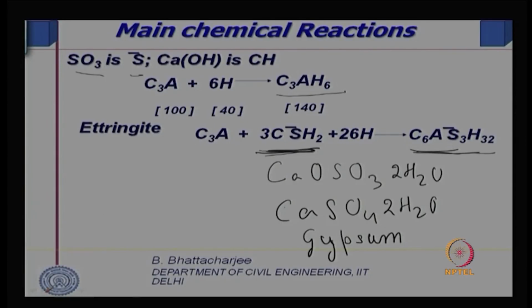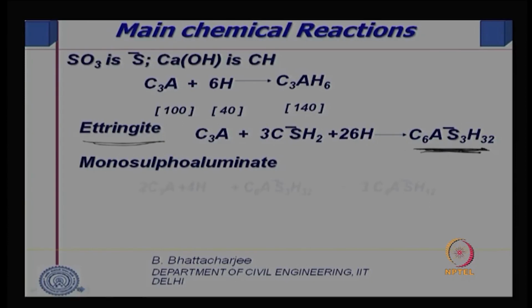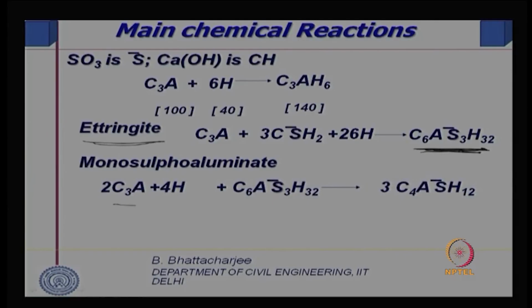So, C3A reacts with gypsum in the presence of water to form this compound, and this is called ettringite. This is not a very stable compound, and later on, in the presence of C3A and water, it changes to what is called monosulfate, with S bar only, not S3.